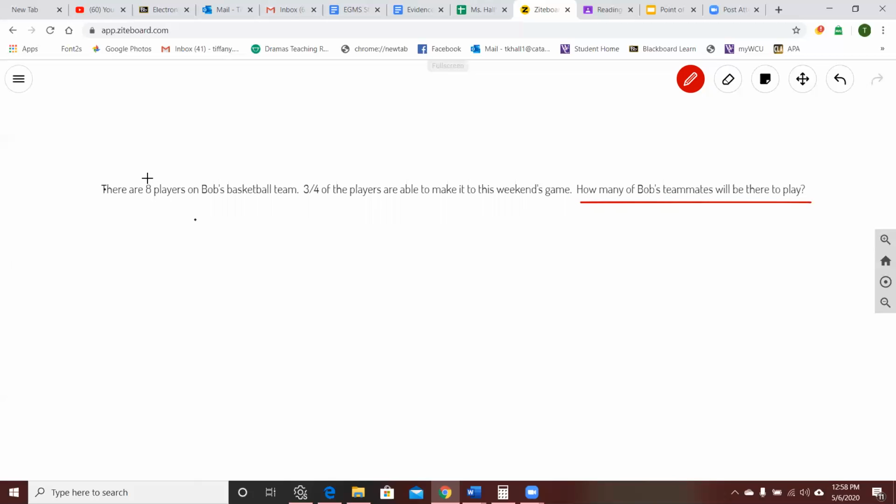There's 8 players. So I'm going to draw 8 bars to represent the 8 players.